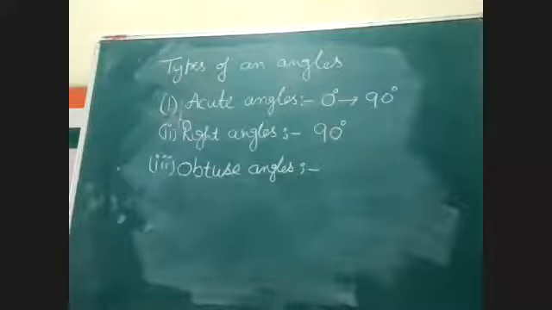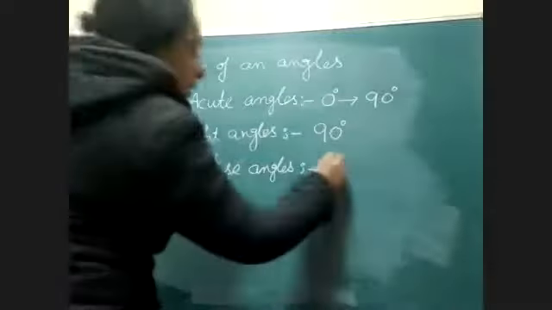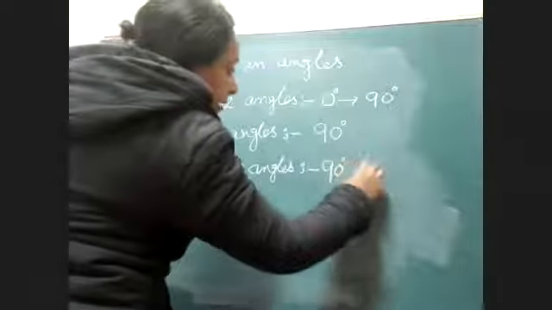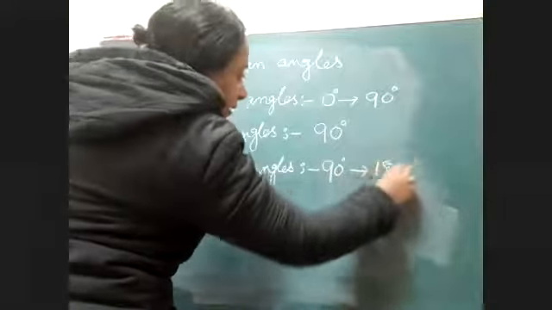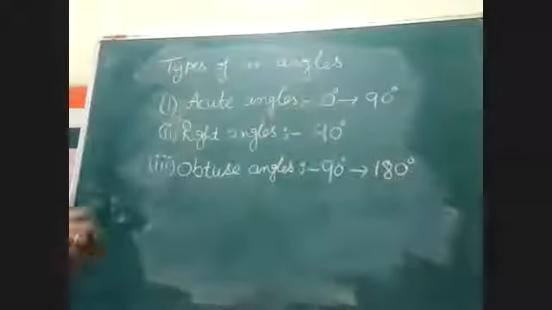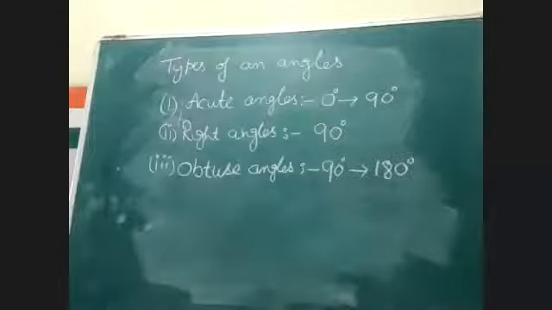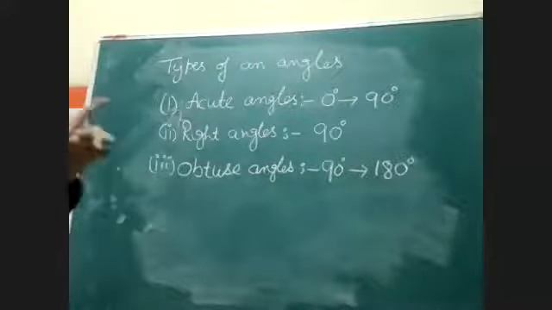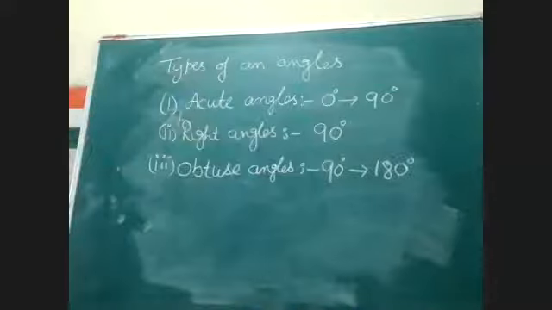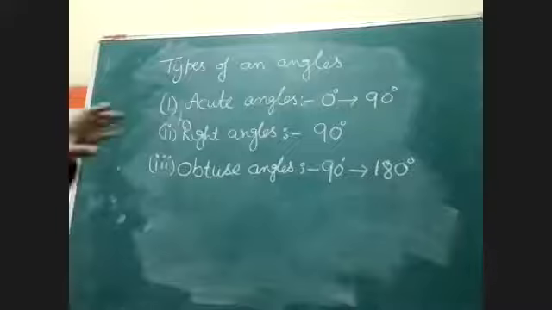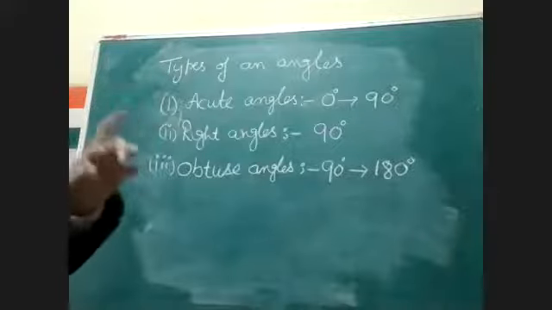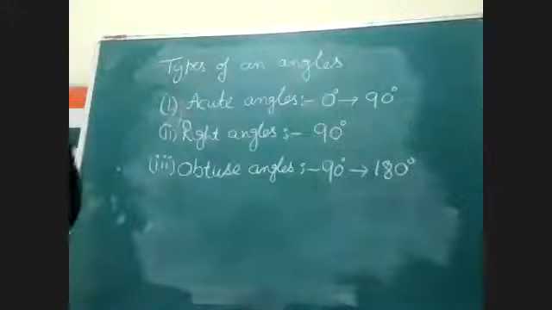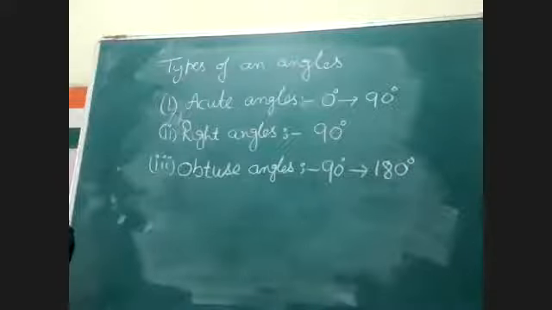An angle which measures more than 90 degrees but less than 180 degrees. In other words, the angles between 90 and 180 degrees are known as obtuse angles.